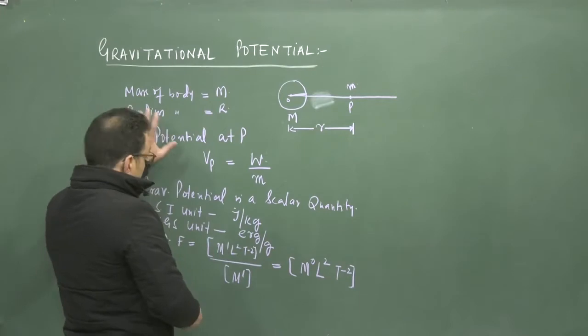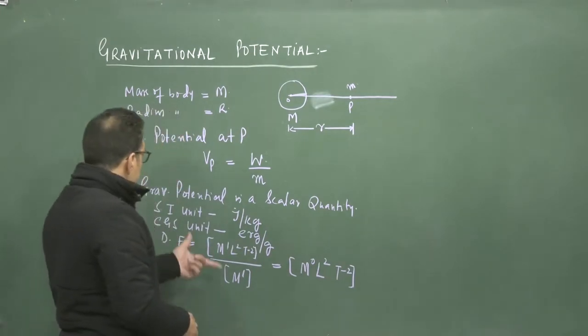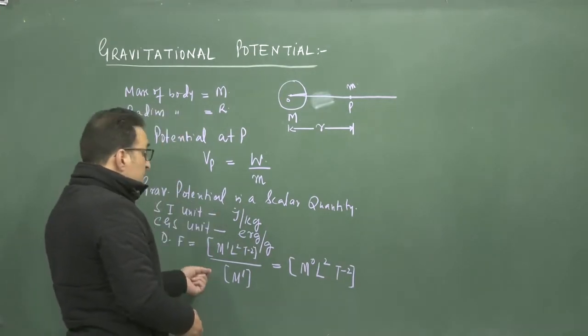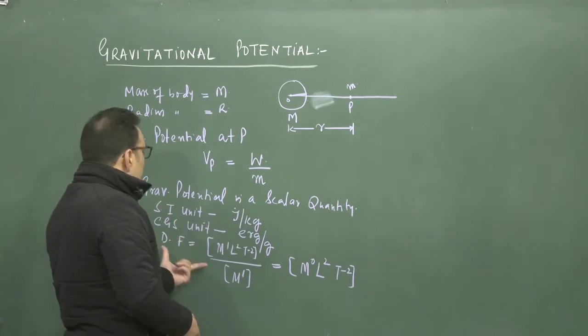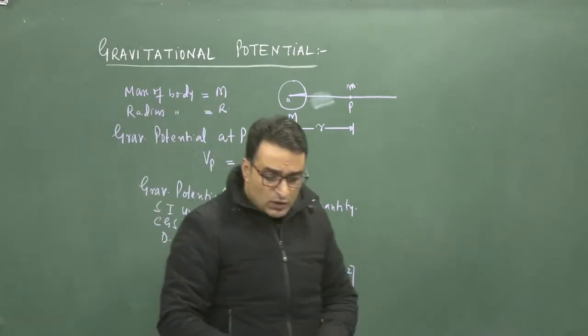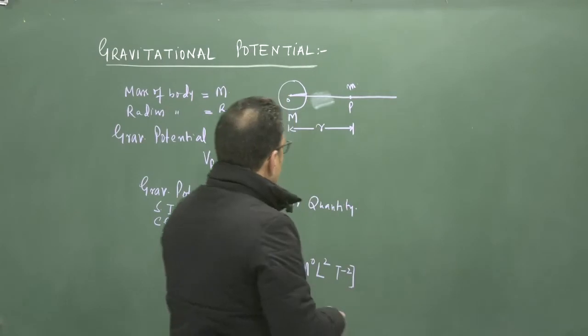This is simply the definition of the gravitational potential and parameters like the SI unit and dimensional formula for the gravitational potential.